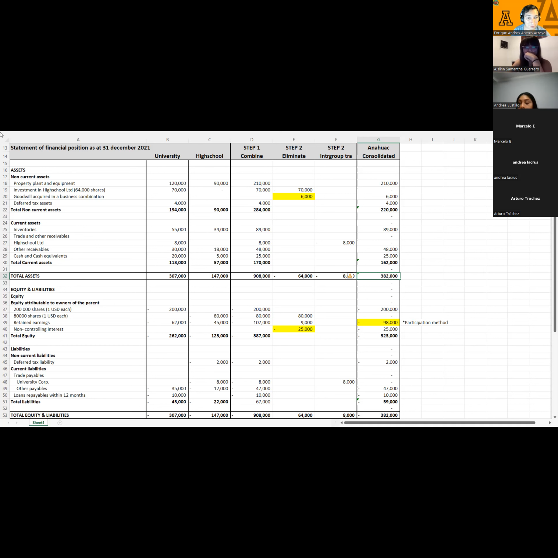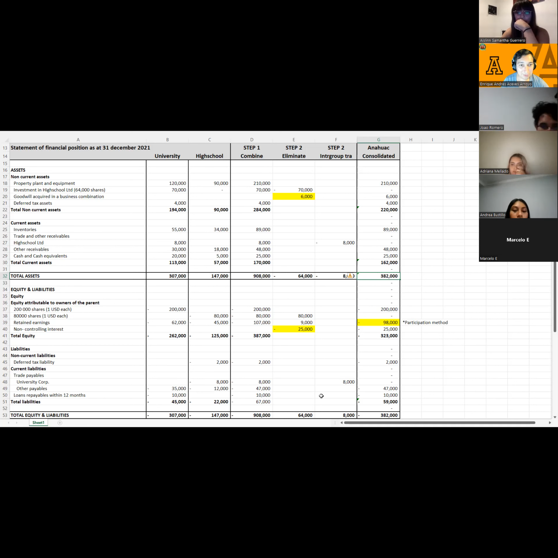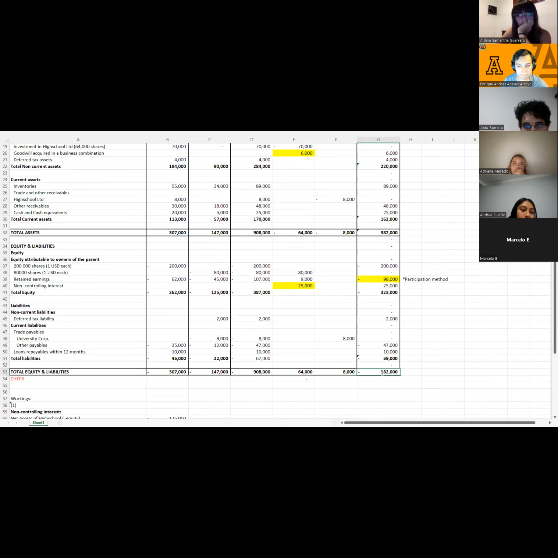Thumbs up if you finished with the same result, guys. Awesome, Joao. Prof, could you press on the tab of 382? In this one? No, the one at the bottom. Thank you. Awesome. Adriana.